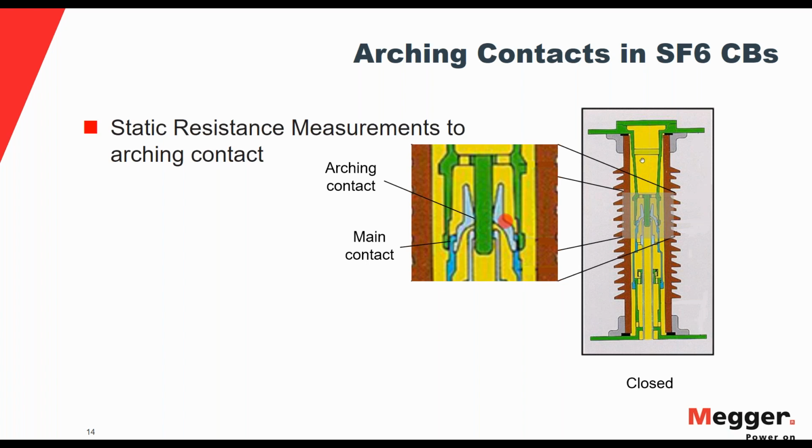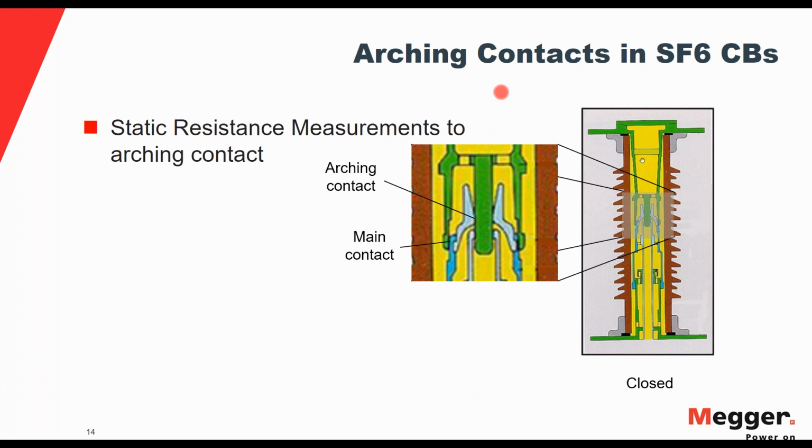The reason for having this is that the main contact will be conducting the current during normal operation. It can withstand the rated current, and the arcing contact, from its name, is made to absorb any arcs before they are extinguished during opening or closing of these breakers.